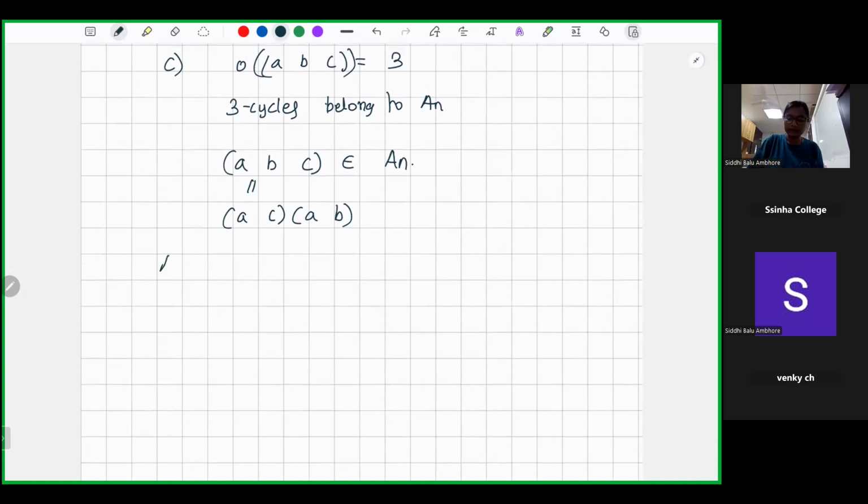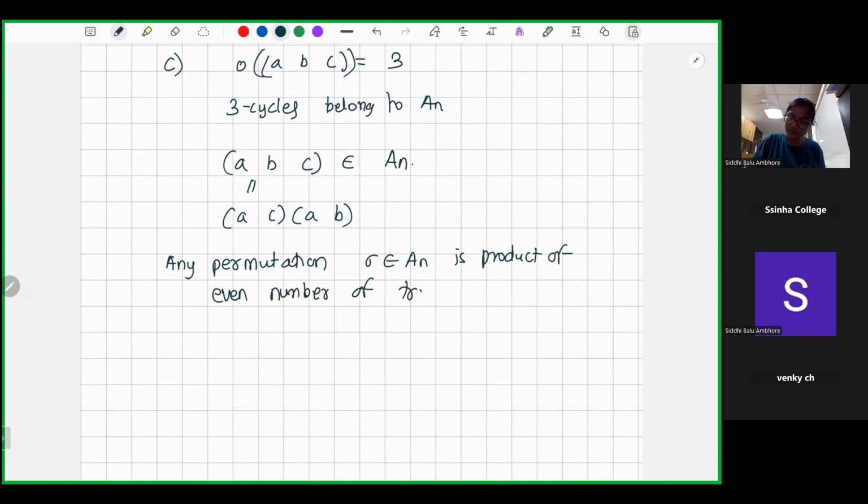Note that any permutation sigma in An is a product of an even number of transpositions, right?